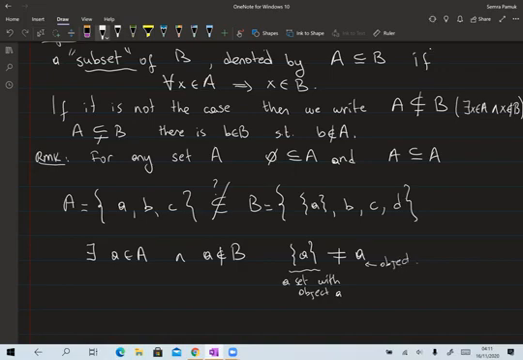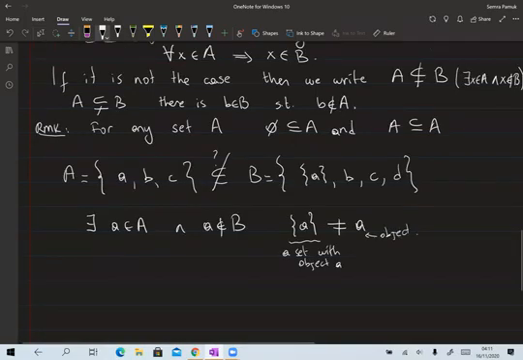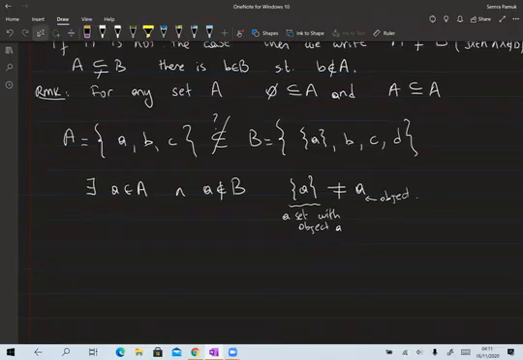This is how you can show that it is not a subset of that one. When you have finitely many elements, you can check one by one whether every element in A is in B. But even if it is finite but a huge number, this would also be hard to do.